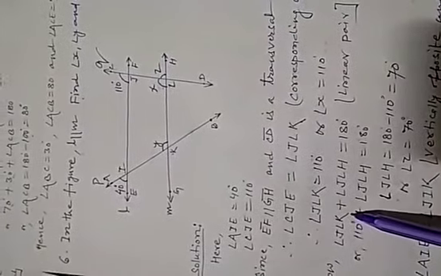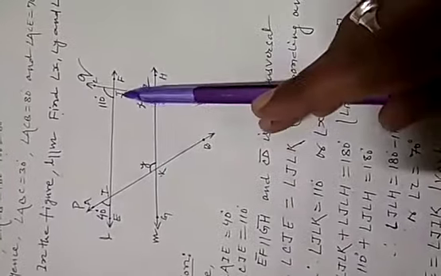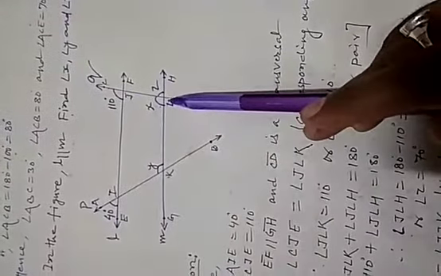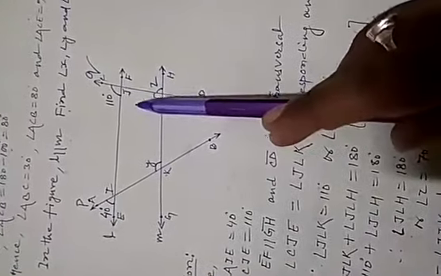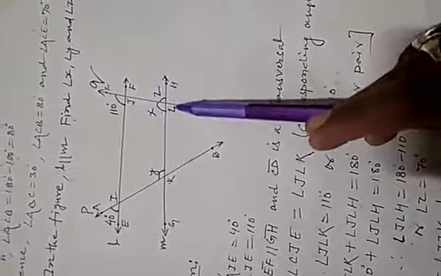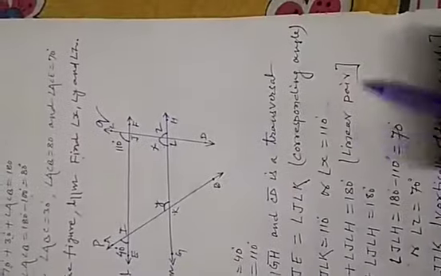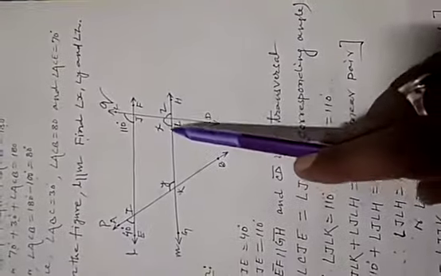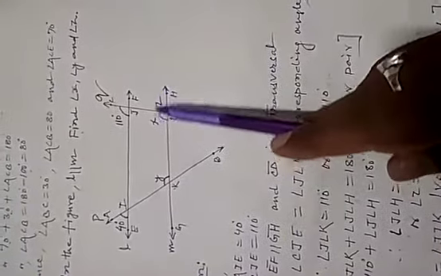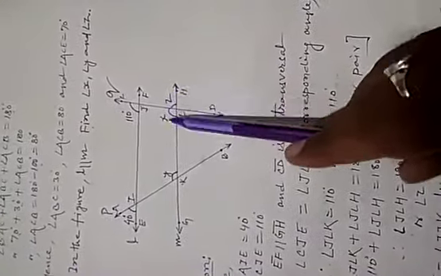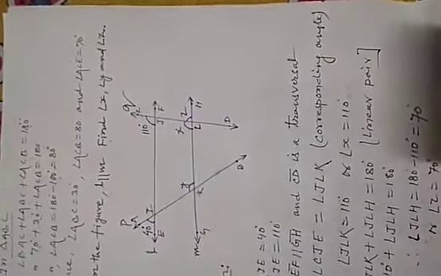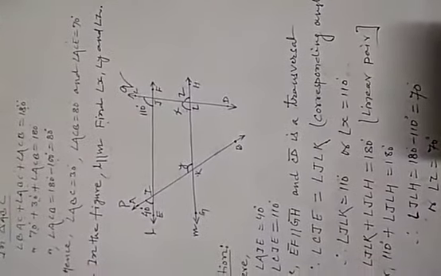Now, JLK plus angle JLH is equal 180 degree. Linear pair.